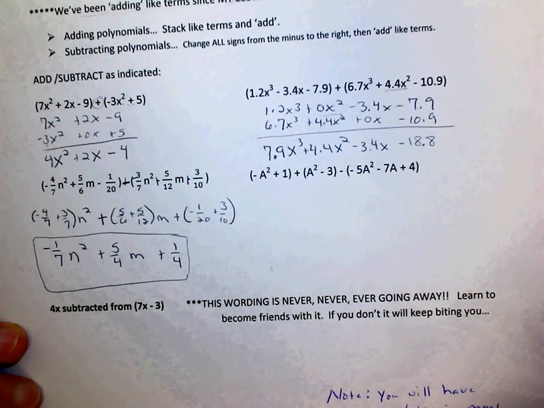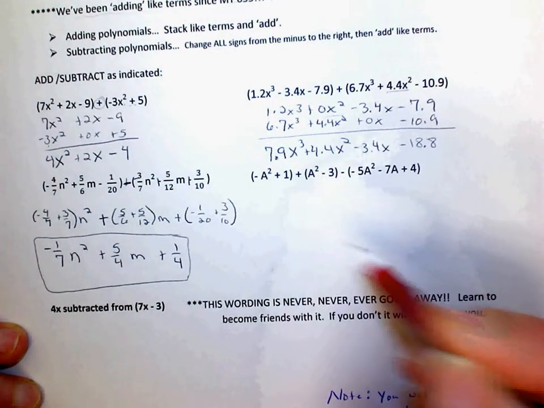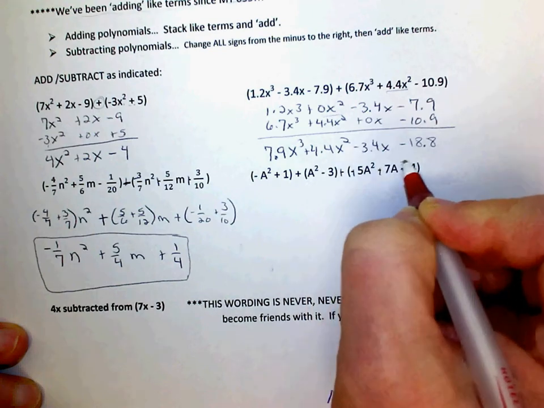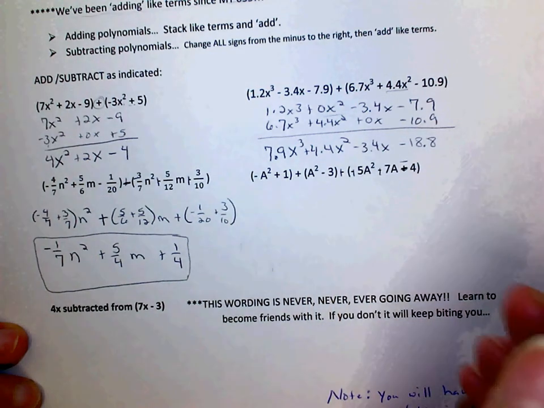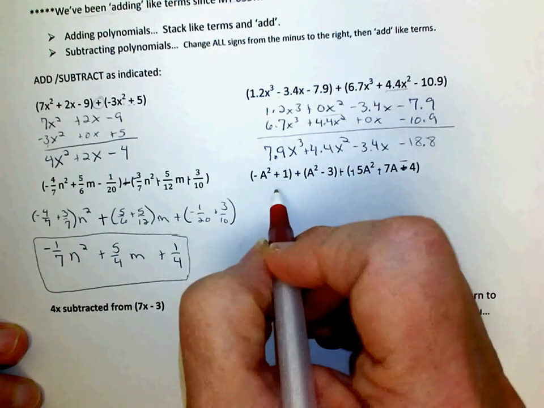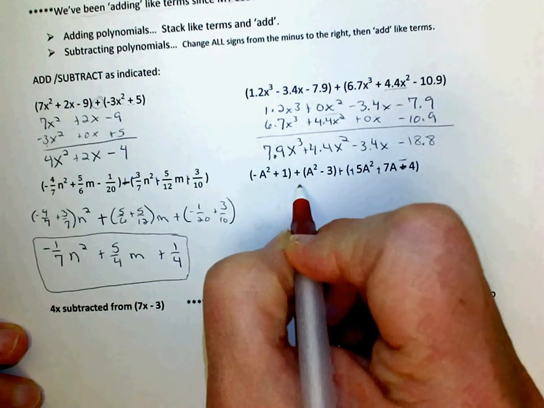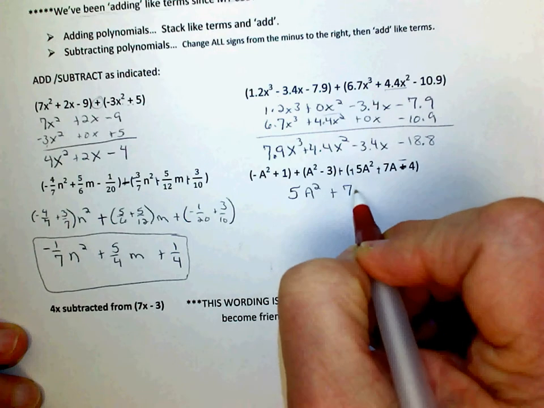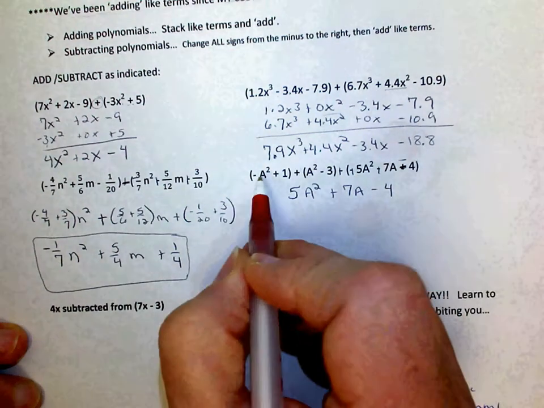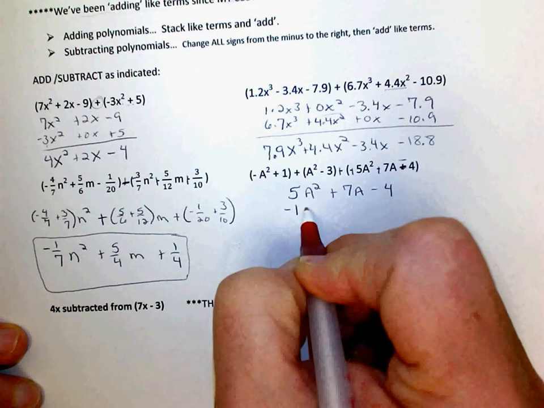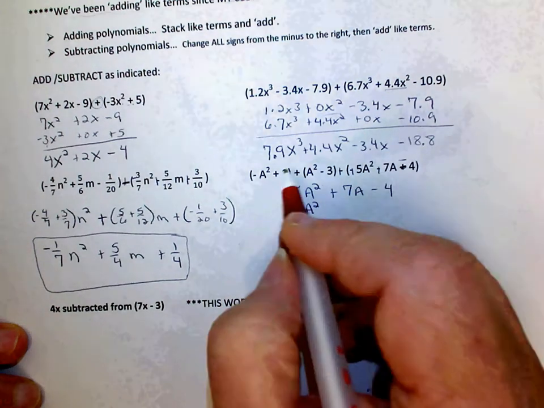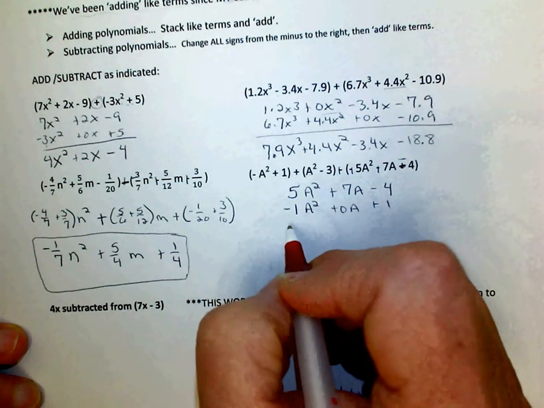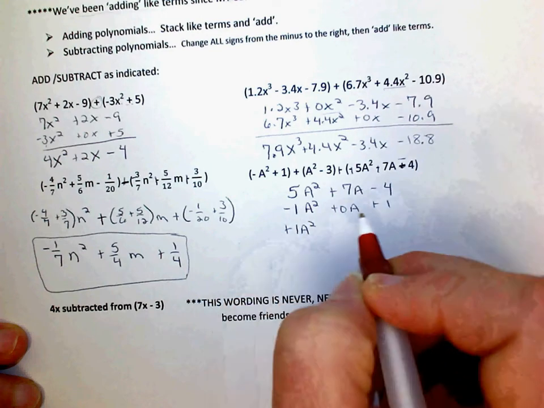Now this problem here looks pretty yucky too, but remember, chop, chop, chop, scribble, chop. Alright, now I've got, and I'm going to take my longest part of this, so 5a squared plus 7a minus 4. This says minus a squared, so minus 1a squared, and then plus 1, plus no a's, and this says plus 1a squared, plus no a's, and minus 3.